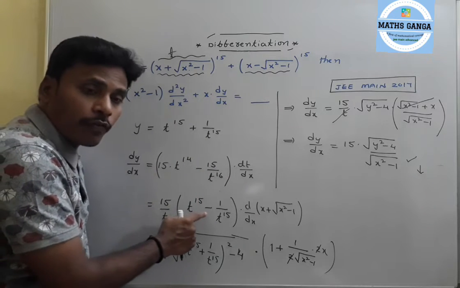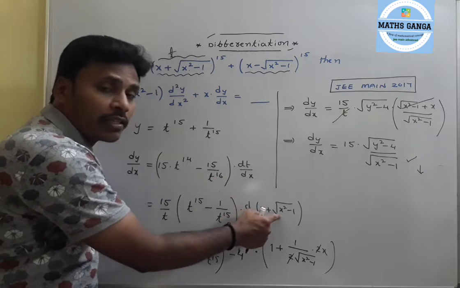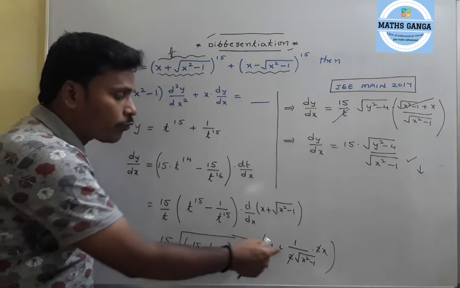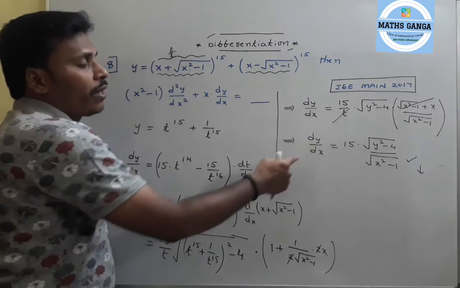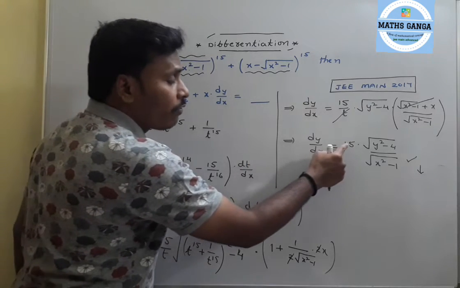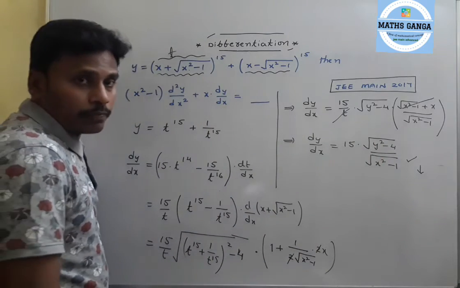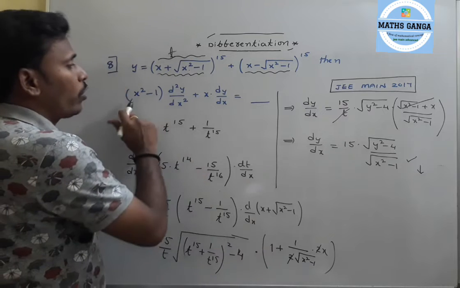It becomes t power 15 minus 1 by t power 15 into derivative of this x plus root x square minus 1 with respect to x. This becomes root y square minus 4 and the differentiation will get cancelled, this t. Finally we have dy by dx is equal to 15 into root y square minus 4 by root x square minus 1. From there we need to differentiate one more time with respect to x to get this value.